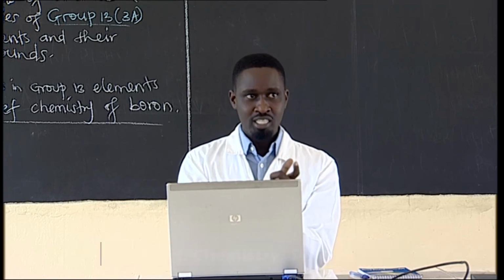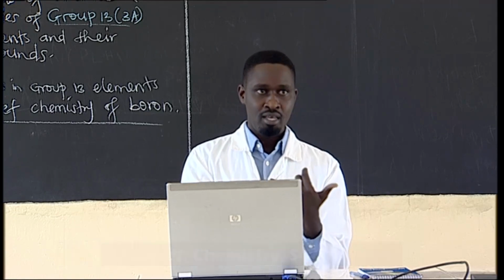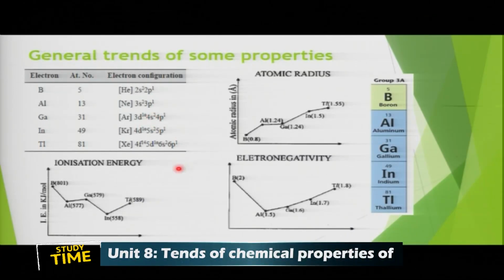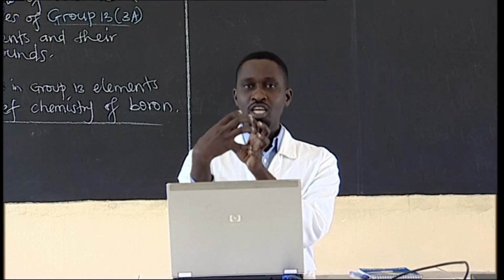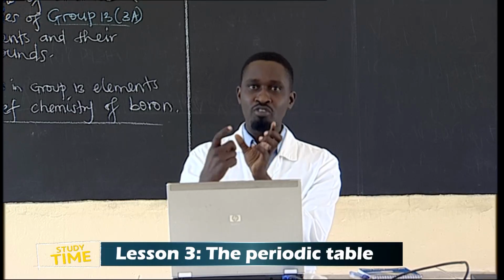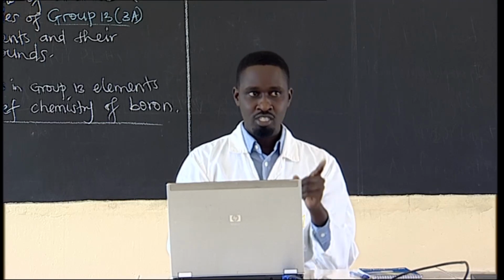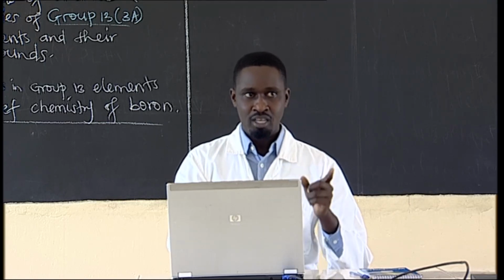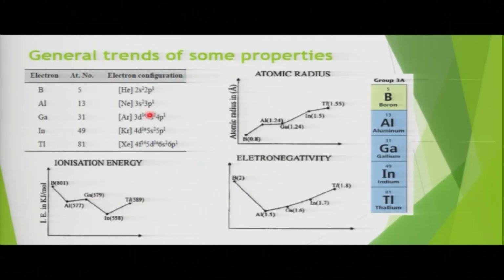In that case, gallium has a relatively similar atomic size as aluminium. The same applies to ionization energy. With higher effective nuclear charge, it requires an excessively high amount of energy to remove the electron from the gaseous atom, and that is the first ionization energy, or the IE, as we're looking at it. So the poor screening effect of the d orbital brings about that change.